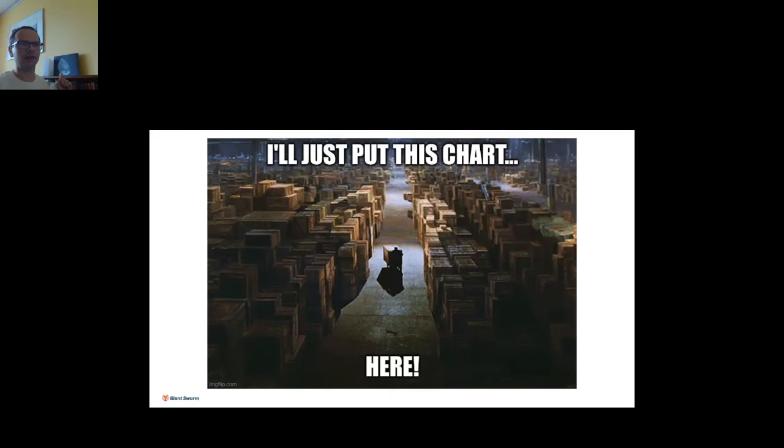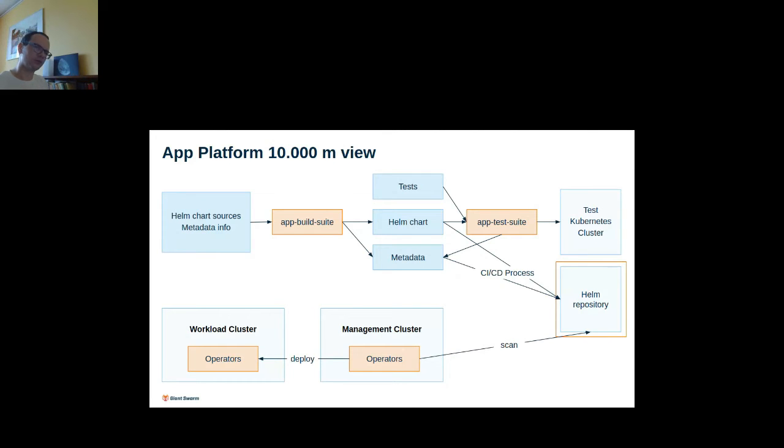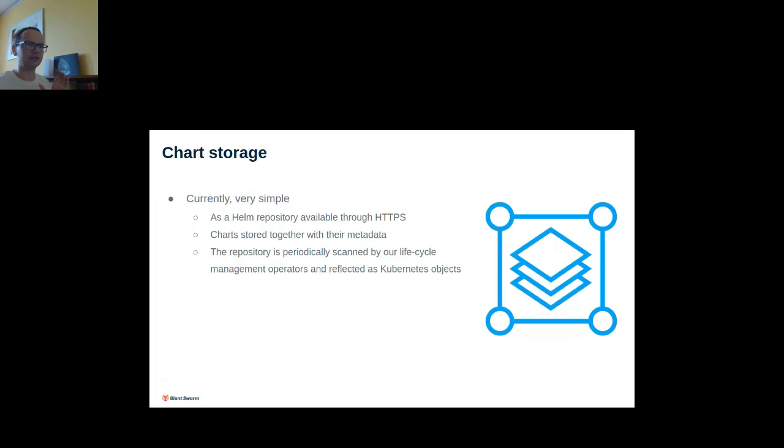Next part, you need to store the chart somewhere. So we're focusing now on this right side of the 10,000 meters view, which is a Helm repository. To be honest, currently, this is the part that we want to work on.